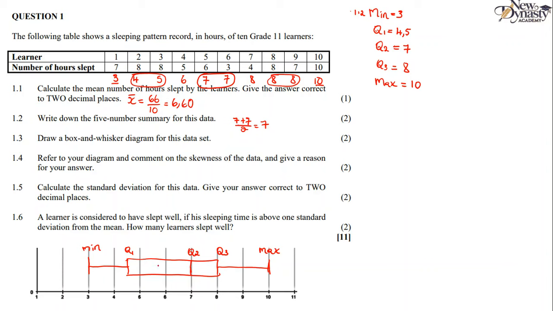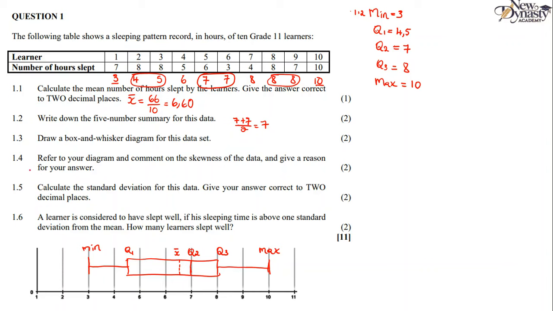So our mean is 6.6. If I draw the mean here with dotted lines, it's going to be somewhere there. That is going to be your X bar. The mean is on the left hand side of your median, which is Q2, or it is lower than Q2. So if that is the case, it means that your data is skewed to the left.